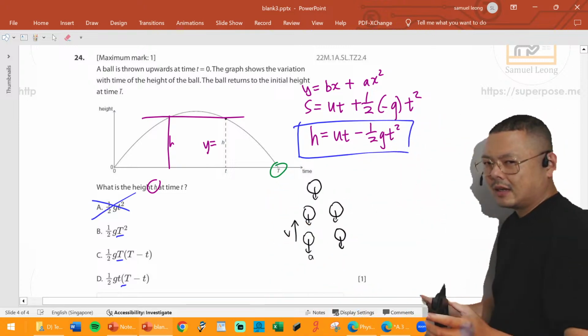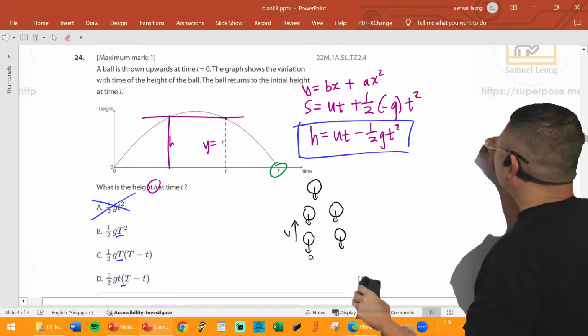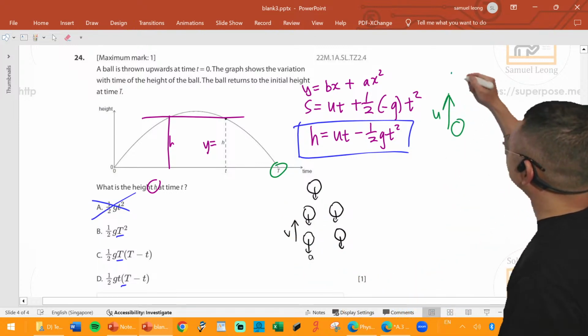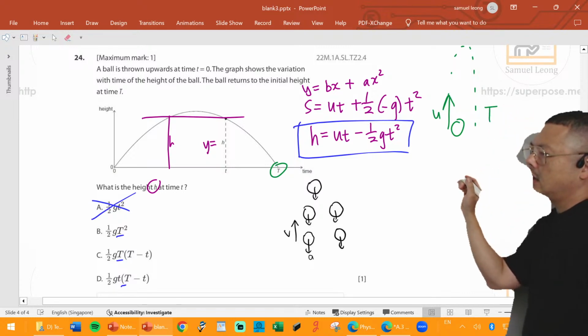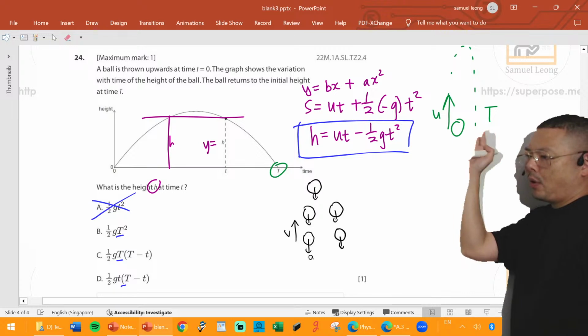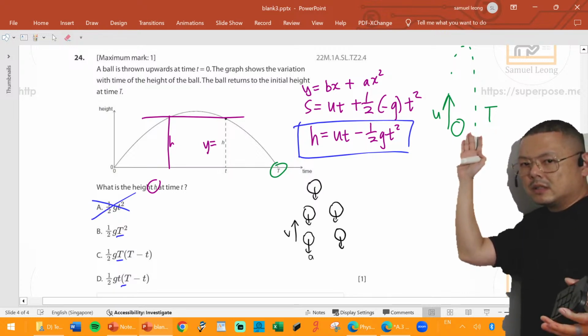Remember I said that at time T, where's the object again? You threw it upwards. At time T, it's back at the same point again. What's the overall displacement? Zero.